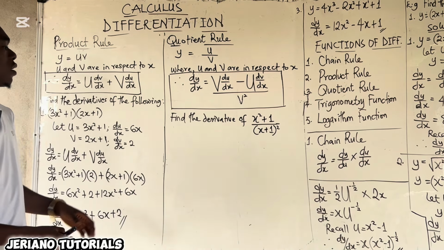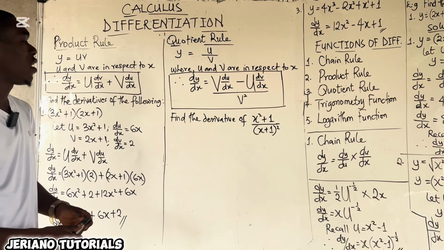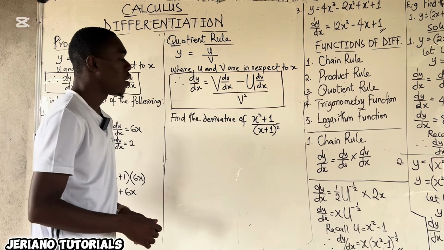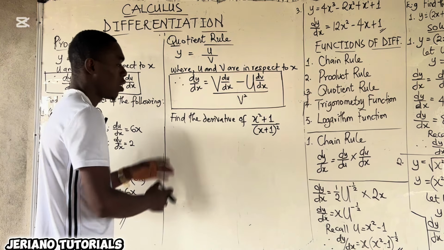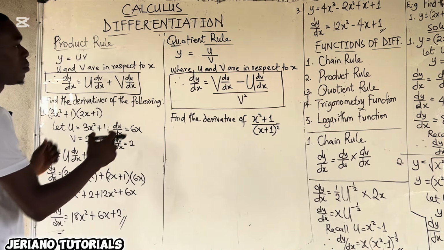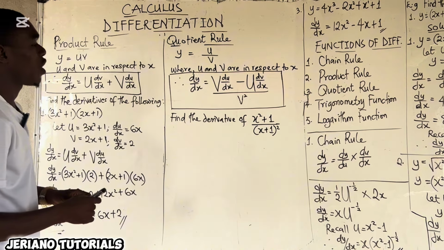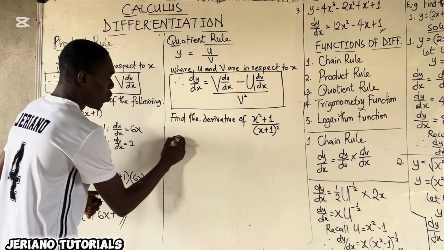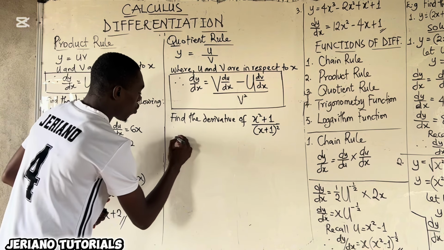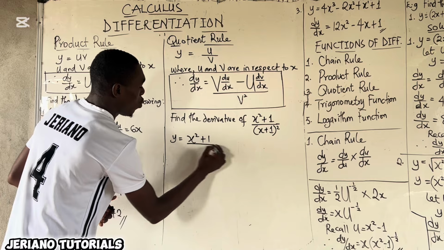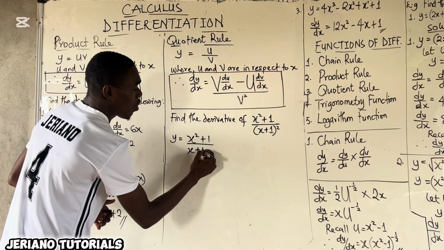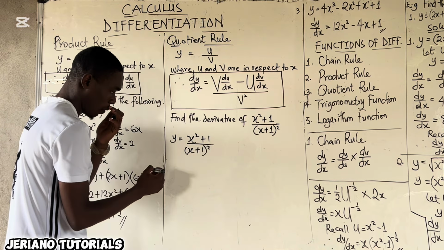Now, we have an example here. It said find the derivative of x squared plus 1 over x plus 1 squared. This is an example of a quotient rule. When we want to solve, this is actually the question. y is x squared plus 1 over x plus 1 raised to the power of 2.